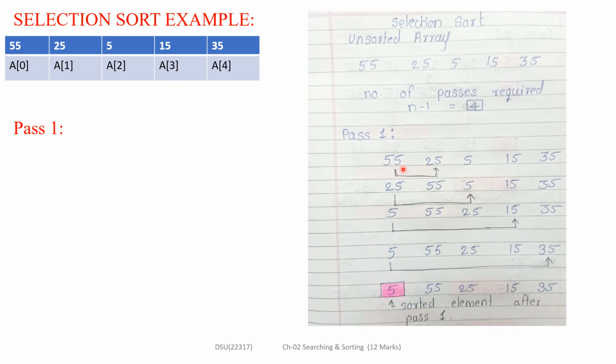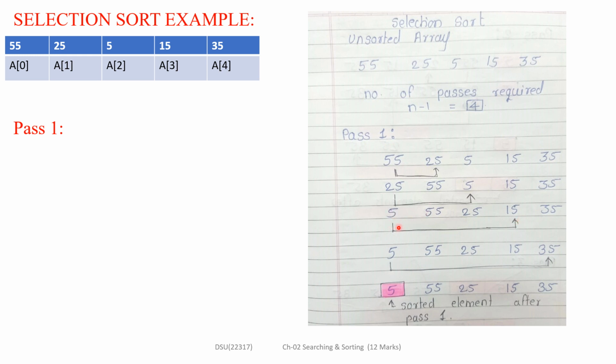After iteration 1, we will get this list: 25, 55, 5, 15 and 35. Now in the next iteration, we have to compare the first element, that is 25, with the next element. This is 5. Now 25 is greater than 5, so swapping will be done. Now the new list is 5, 55, 25, 15 and 35.